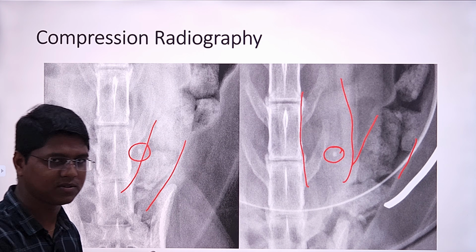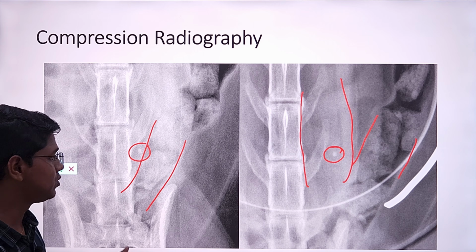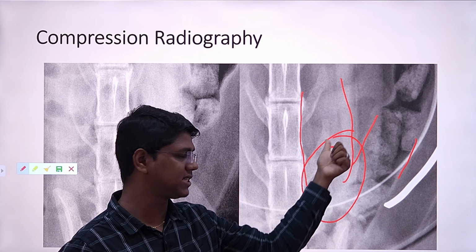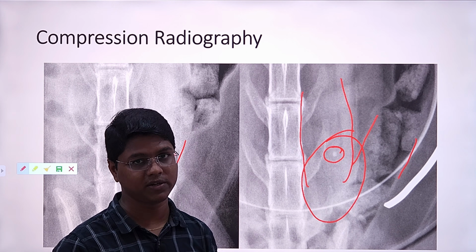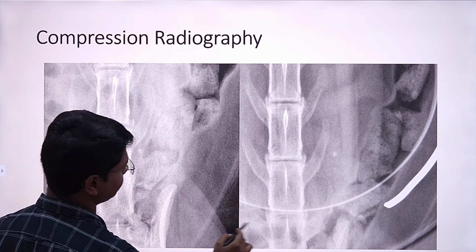This is known as compression radiography, especially for ureter calculi, to visualize mostly the distal part of the ureter, when the descending colon is much more interfering.